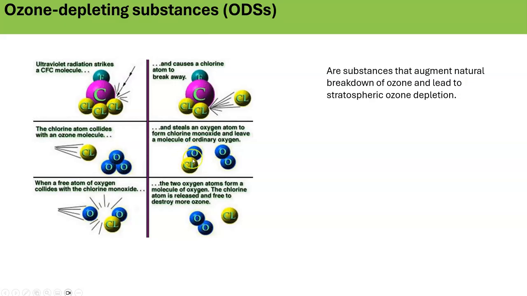Then it takes up this oxygen atom, and it will be able to collide with a free oxygen atom again, and form oxygen gas again, and then this chloride can leave and start interacting with a new ozone molecule. So they will be long-lived and continue to break down ozone and increase this ozone removal process. And they continue to be there.